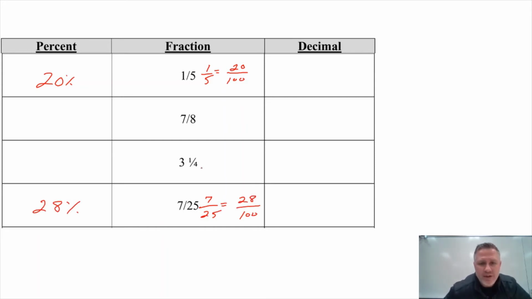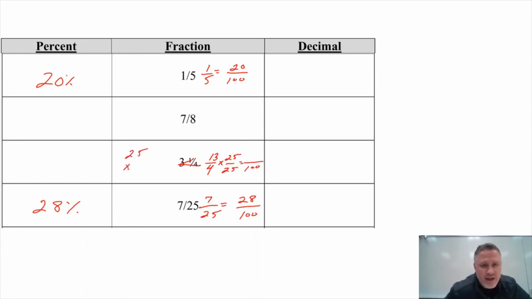So here we go. Let's make this into a mixed number, or sorry, an improper fraction. 12 plus 1 is 13 fourths. Now, if I multiply that by 25 25ths, that's going to give me something out of 100. So 13 times 25.